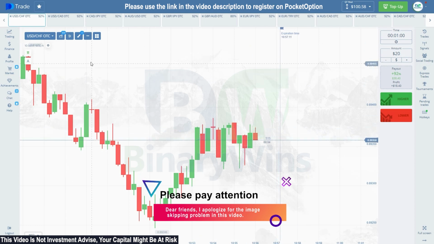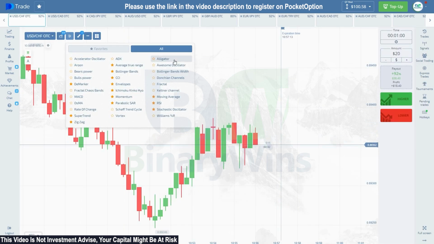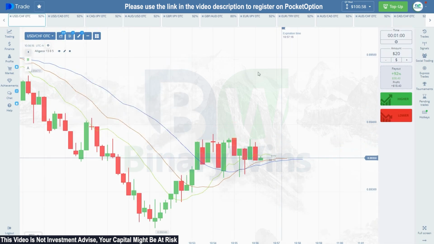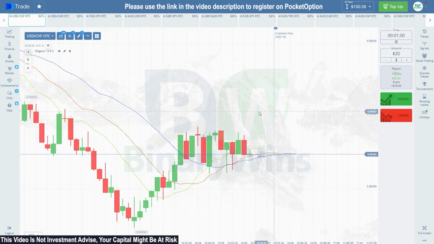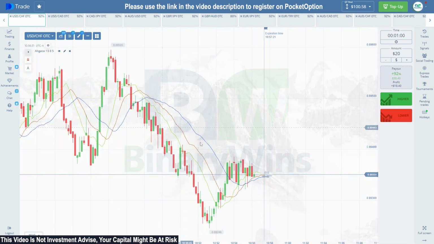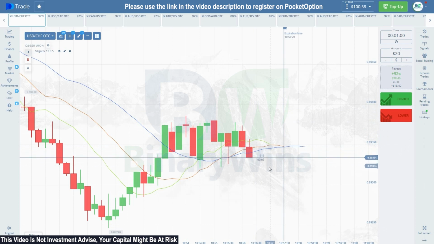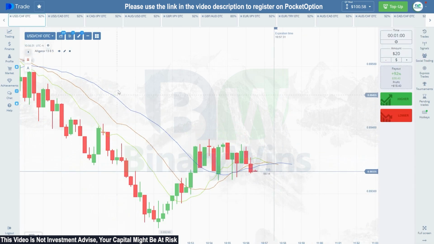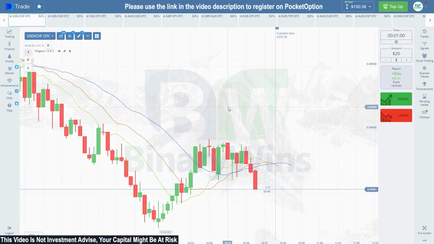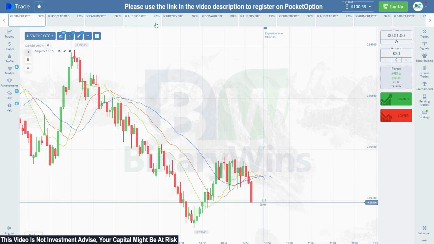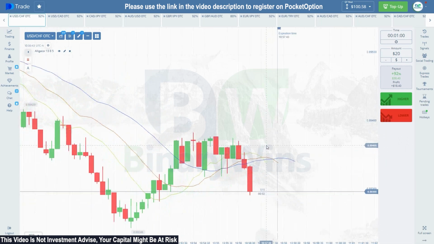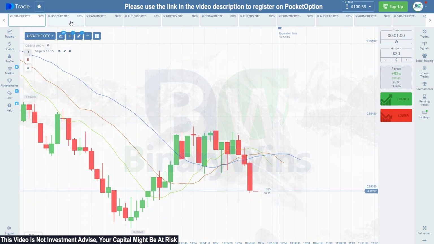The indicator of this strategy is the Alligator indicator. I have already posted the trading method using this indicator in a video. I will leave the link above for you. We will add Alligator to the chart with the default setting. I will go around and make a few trades. I will give you the necessary explanations on each position.